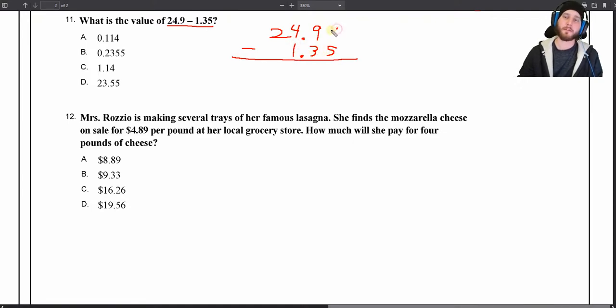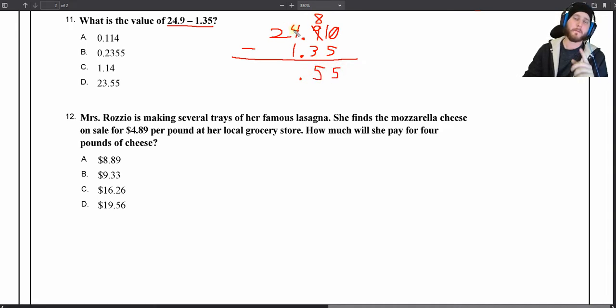We need a placeholder 0 right here, and I'm going to need to borrow. So we've got to borrow from here, make it an 8, make that a 10. So 10 minus 5 is 5, 8 minus 3 is 5, 4 minus 1 is 3, and 2 minus nothing is 2. The answer should be 23.55. That's going to be number 11.